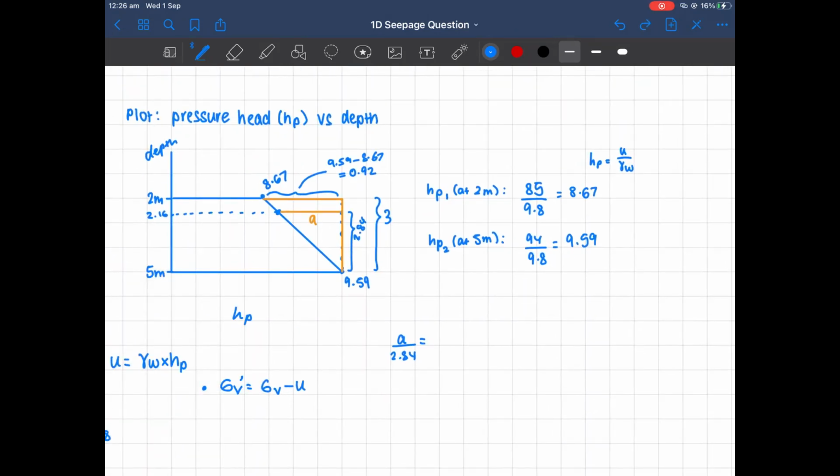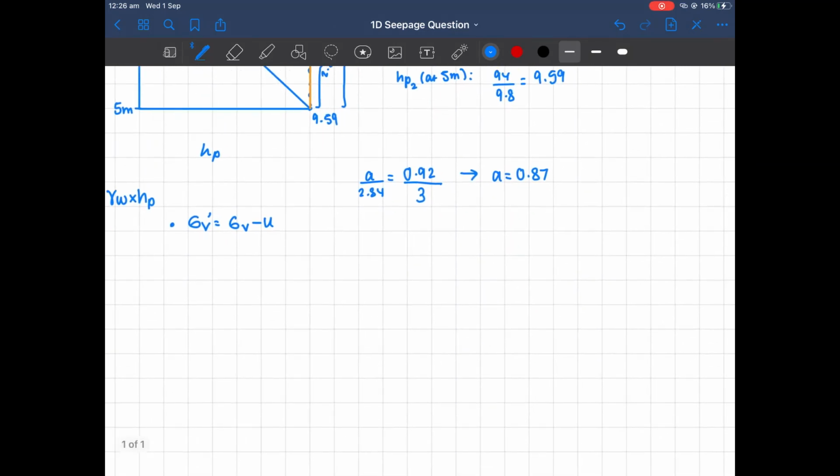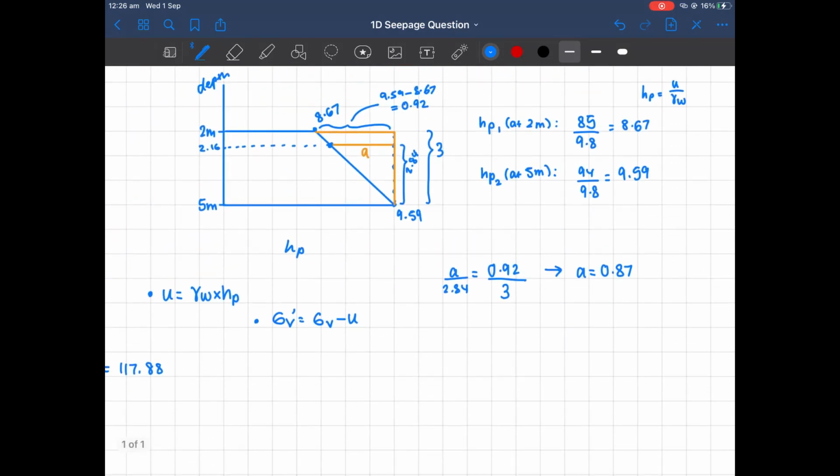Rearranging this, we get A equals 0.87. So therefore, we know that our HP at our point X would be this total subtracted by A. So our total here, 9.59, from here to here, right? And then minus A, which is 0.87.